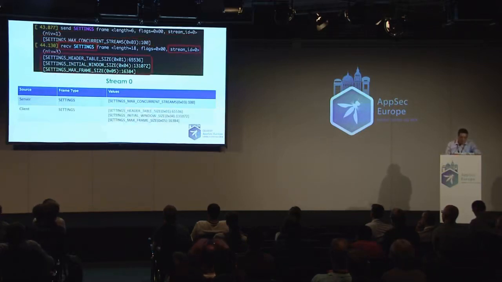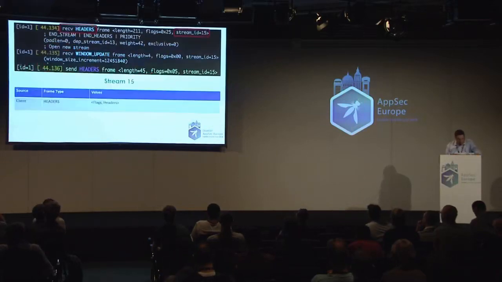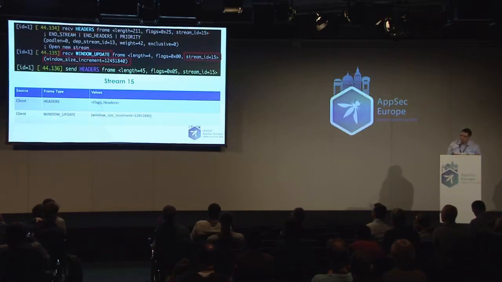And then the client is responding with the settings frame on the same stream ID and sends 3 different settings about the header table size and the initial window size and so on and so forth. Once again, here we see frames going over stream ID 15, a headers frame and the window update frame, which updates the initial window that was set in the settings frame, and the server responds with a headers frame on the same stream ID.